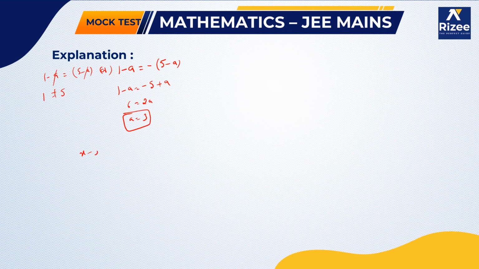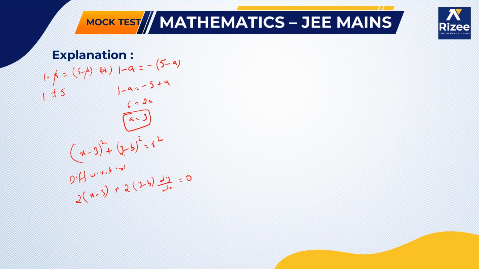(x minus 3) whole square plus (y minus b) whole square is equal to r square. Differentiating this equation with respect to x, we get 2 into (x minus 3), derivative of x is 1, plus 2 into (y minus b), derivative of y is dy by dx, is equal to 0.